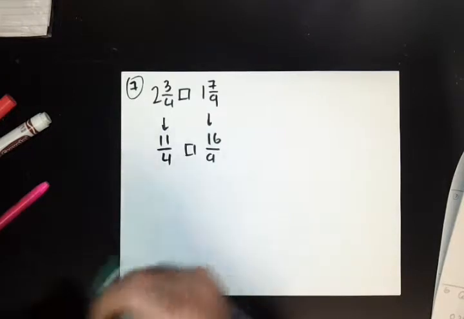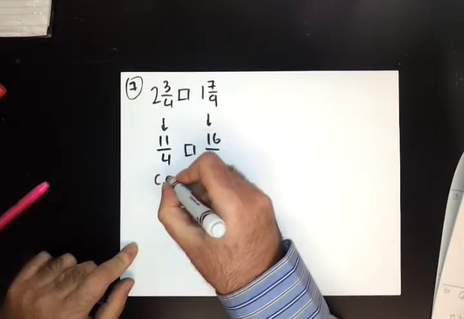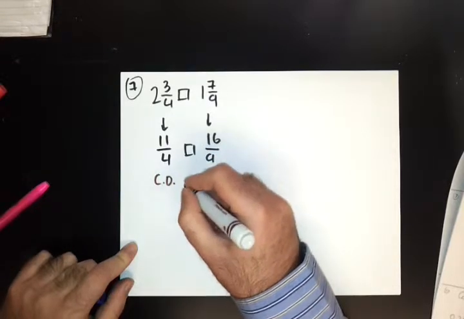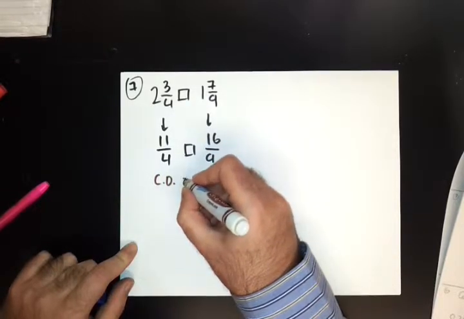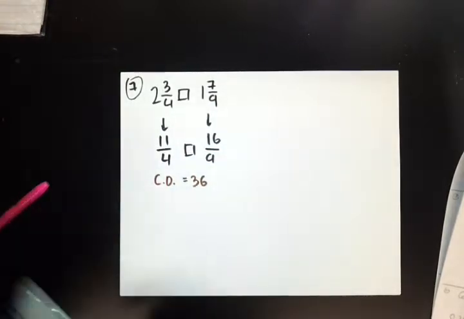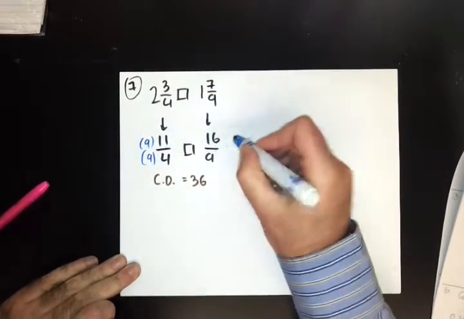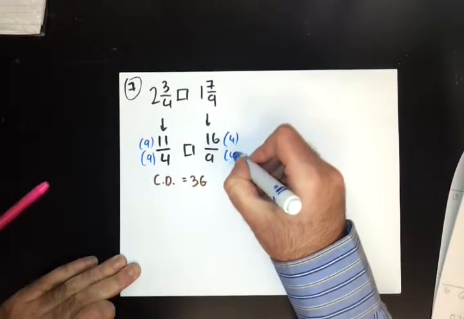Then my job is to come up with a common denominator. I'm going to use method 1 here. 4 times 9 is 36. Then I'm going to convert both fractions to have a denominator of 36, times 9 and times 4.